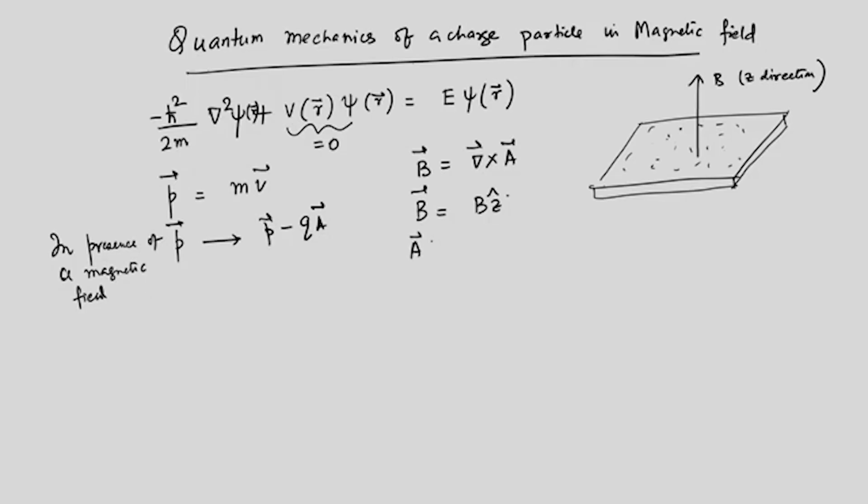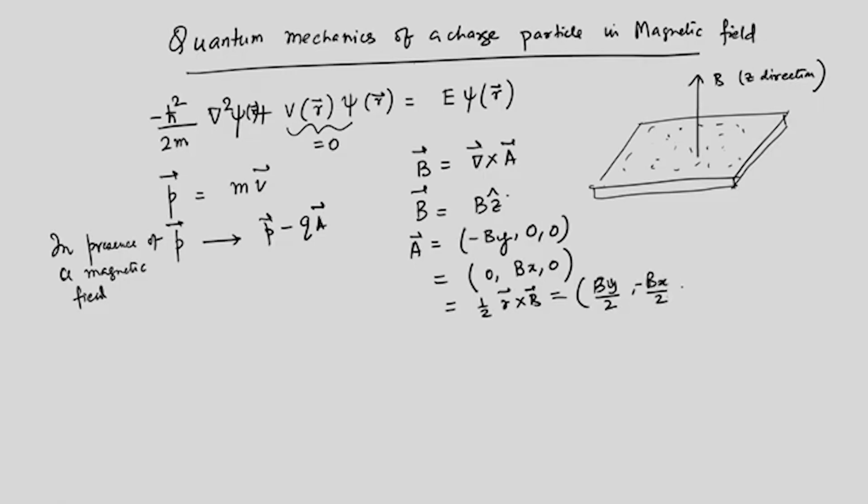In that case, A can be equal to minus By, 0, 0. It can also be 0, Bx, 0, and it can also be half R cross B, for a constant magnetic field, which is like By by 2, minus Bx by 2, and 0.